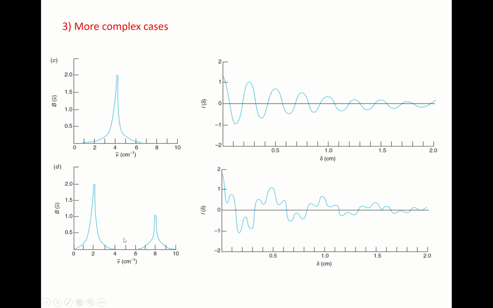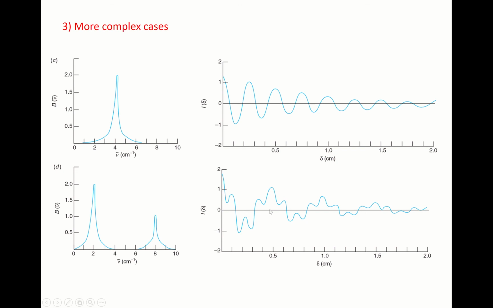Then what about the more complex case? That's figure D, where you have two peaks here and there, and you get a more complex interferogram. But the idea is to do the inverse Fourier transformation to get this one. Now you are beginning to understand.